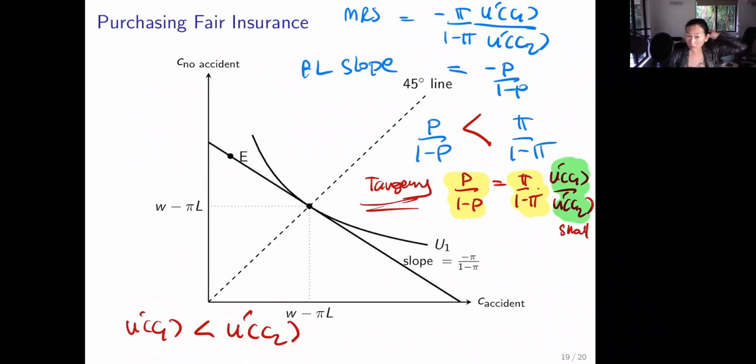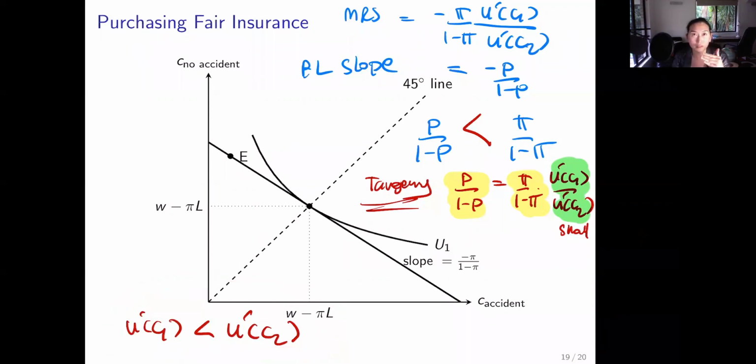It depends on whether you are risk averse, risk neutral, or risk loving, right? If you are risk averse, C2 has to be quite small and C1 has to be large for this to hold.